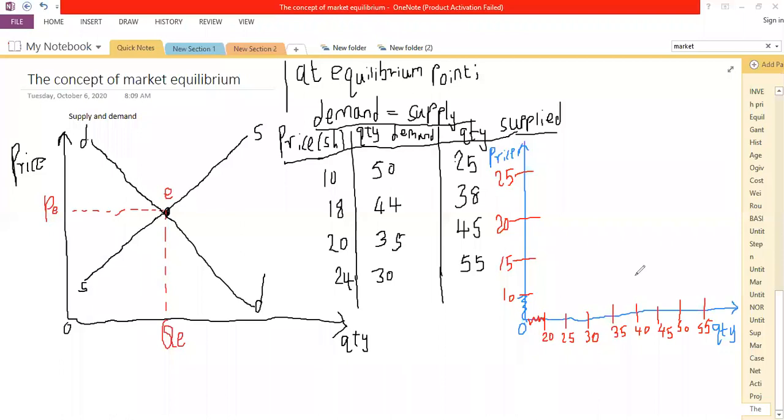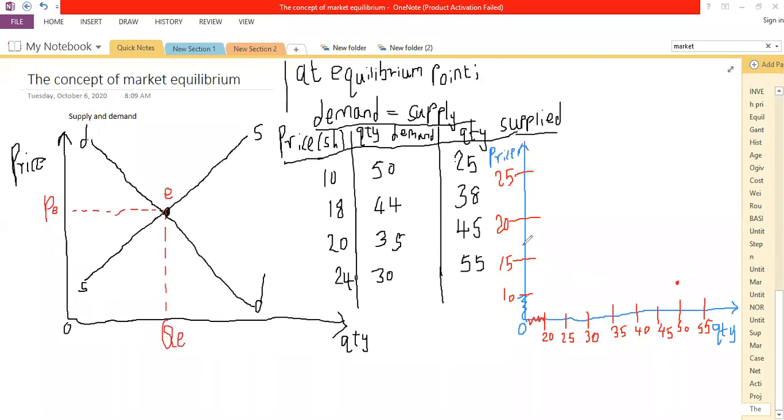So we can start by plotting the quantity demanded against the price. You can do one at a time, don't mix. The price of shillings 10, we have an amount of 50 units, somewhere there.